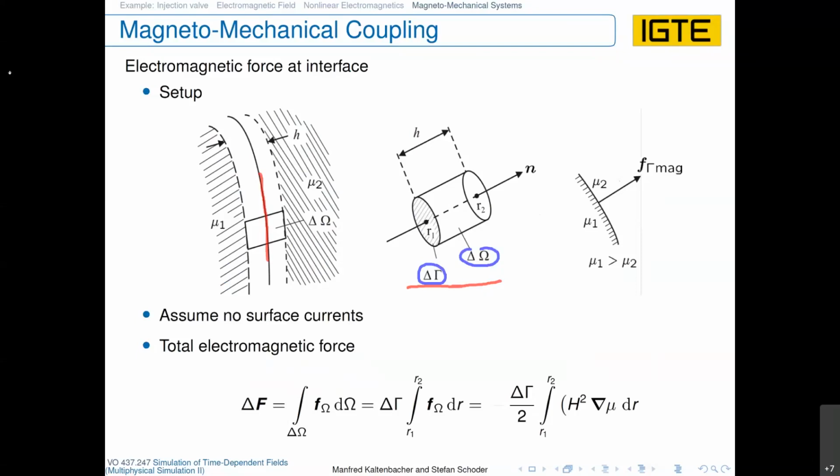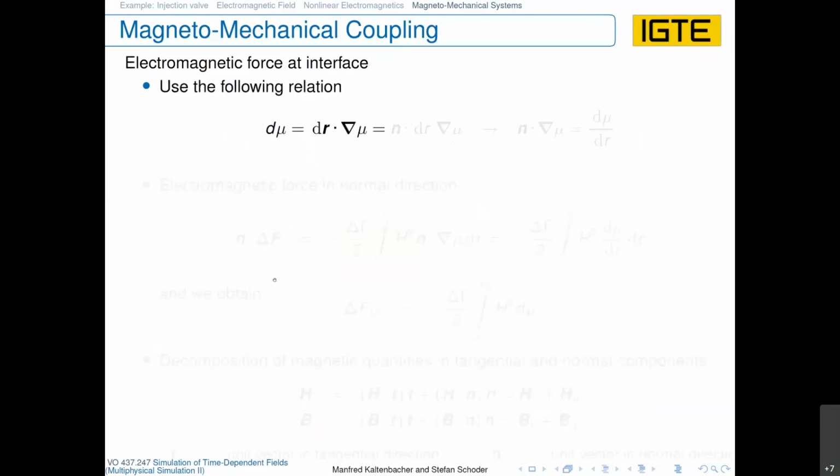Now the question, how can we do this? And the first one is that we have the following relation between the total change of the permeability and the gradient of the permeability. And that is given that this total change is the same as taking the dot product between dr and the gradient of the permeability, as we know.